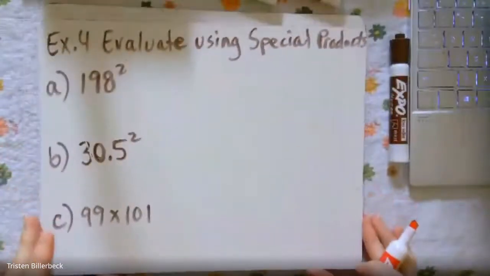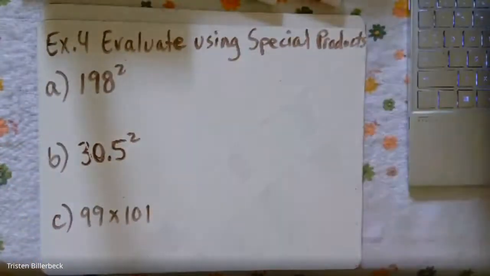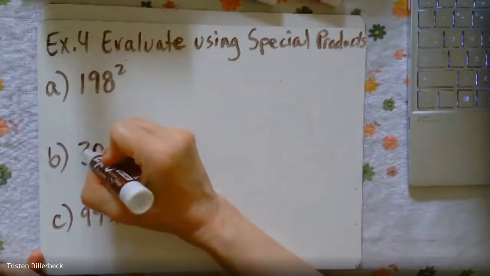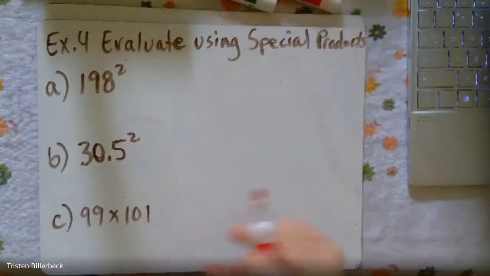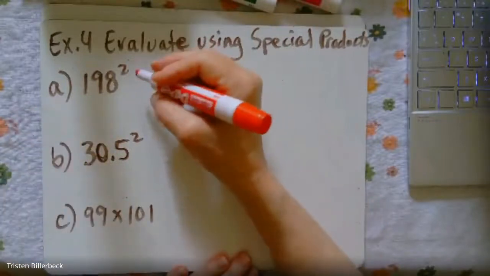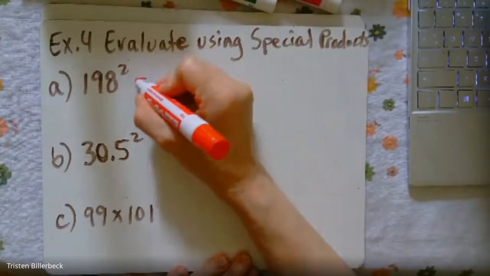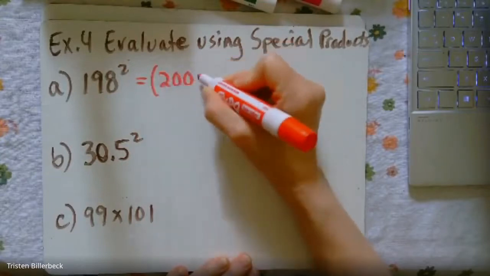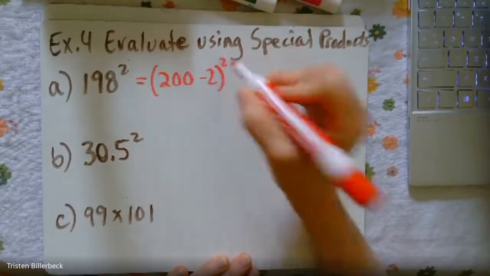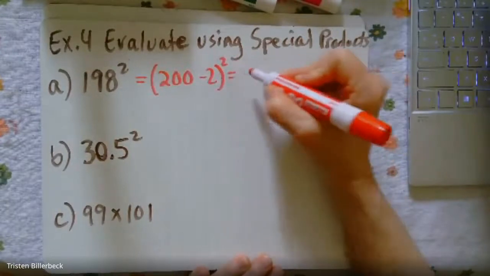Now, if we're going to use special products, we can use those to evaluate numerical expressions. So on this one, I can say, hey, let's do 200 minus 2 squared, and let's use that formula.